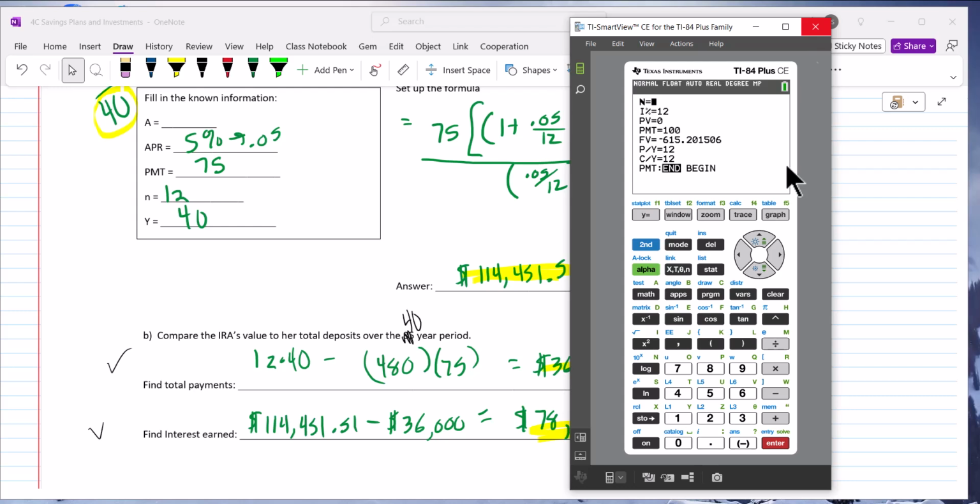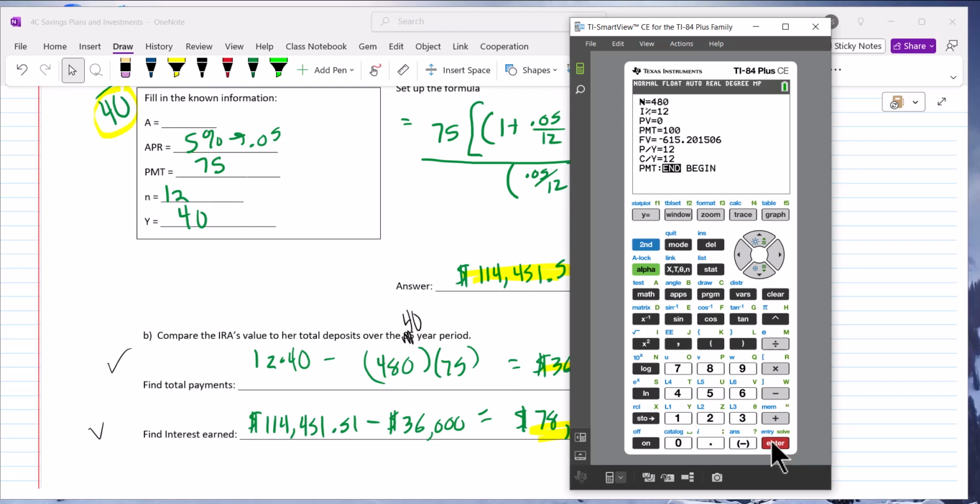Now you're going to put this stuff in your calculator. In this problem, it's a little bit different in the calculator. N is not going to be 12. N is going to be 12 times 40. That's how many payments are being made, 480 payments. So on a TI-84, the N is the total payments.